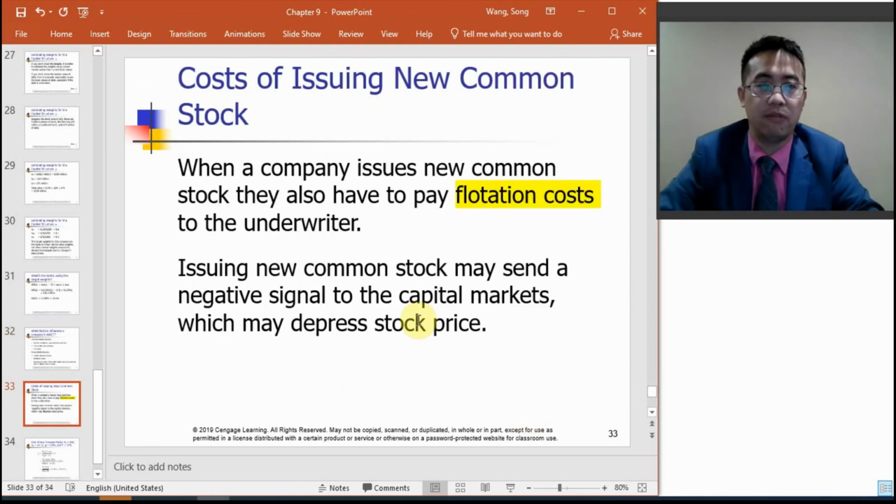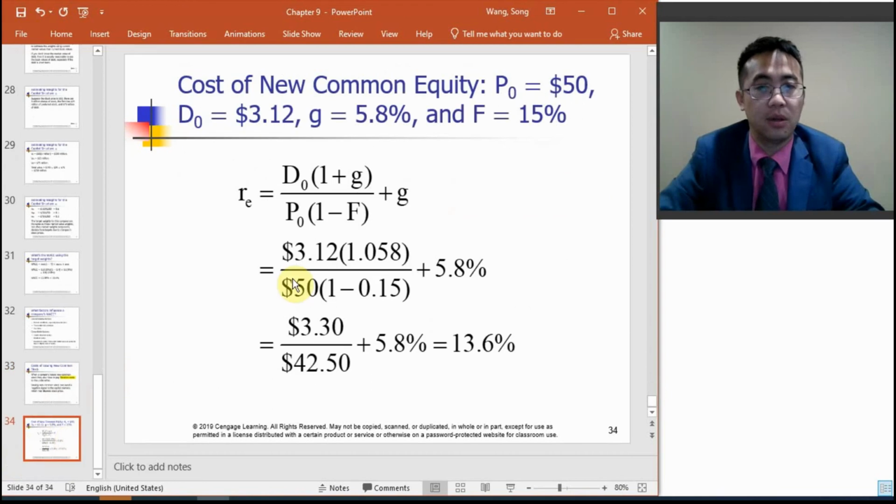I just want to mention flotation cost again for new common stock, the cost of this capital. So as I said, if flotation cost ever appears, you should attach it to the price. So right here, we have a stock sold at $50 and a dividend zero of 3.12, growth rate is 5.8%, flotation is 15%.